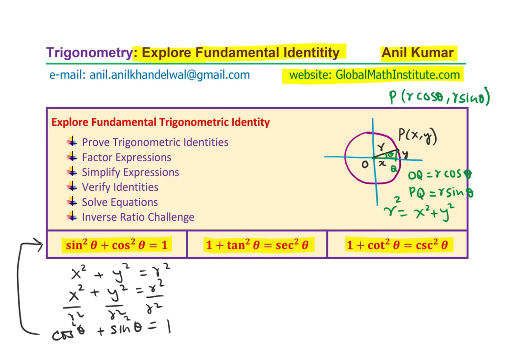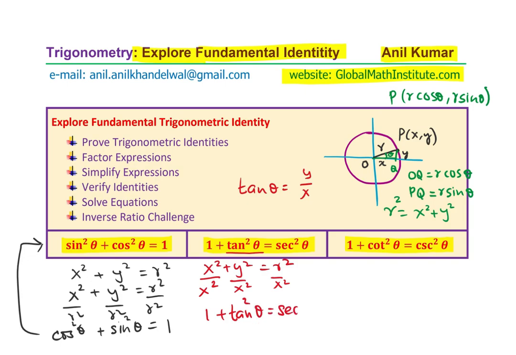Most of you know about it. Now, for the other identities, what do you have to do? Similar approach. We have x square plus y square equals r square. Now, what is tan theta? In this case, you can see that tan theta is equal to y over x. So if I divide by x square, we get 1 plus tan square theta equals secant square theta.